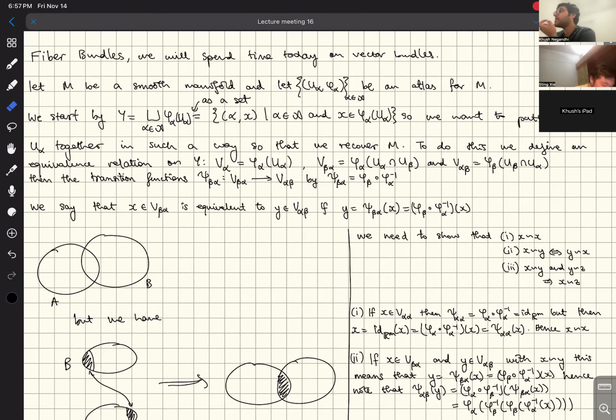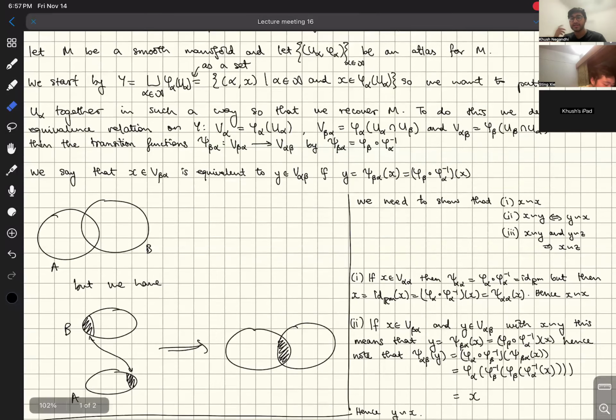On the intersection, we have a collection of transition functions that satisfy the conditions for them to be an equivalence relation. Okay, and then we're going to glue them together to get a new smooth manifold.